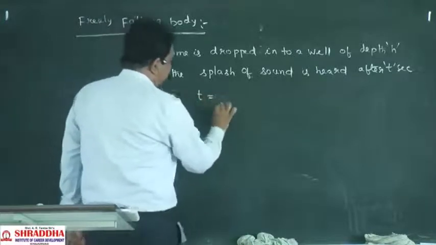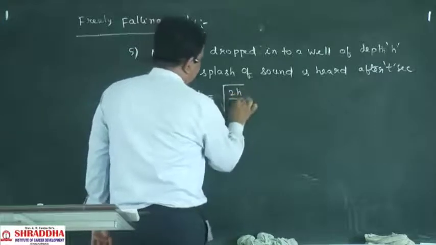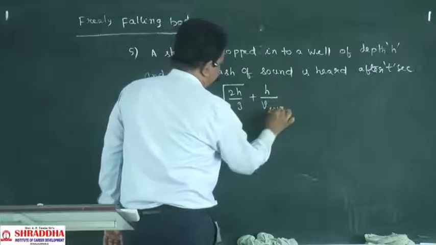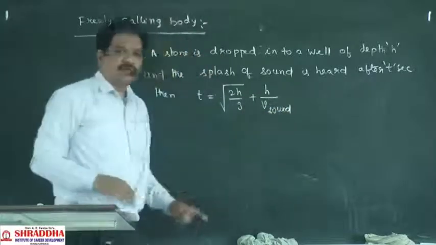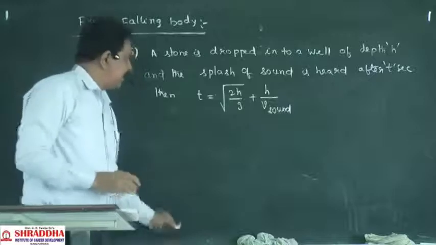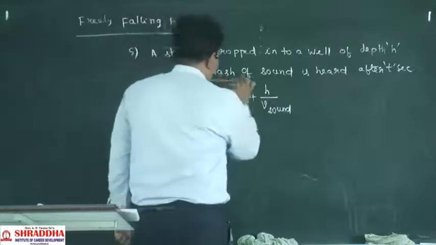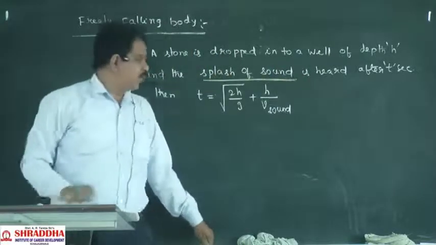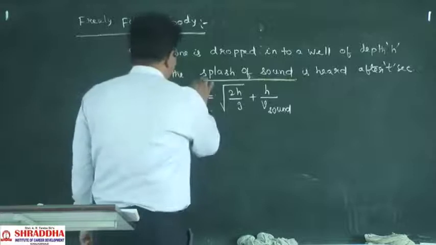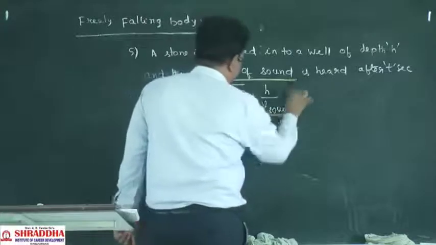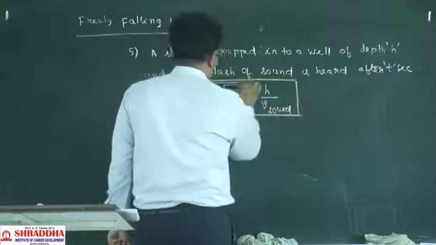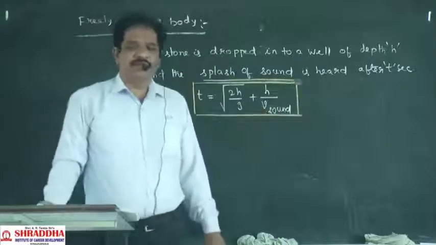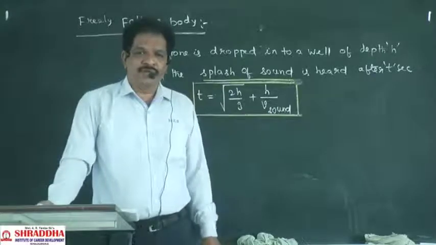Whenever you observe this line, splash of sound, then in that case you have to use the formula t is equal to √(2h/g) plus h/v sound. This formula you have to use.